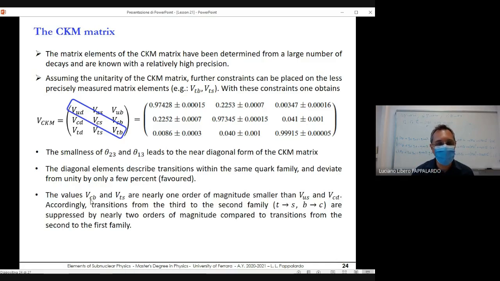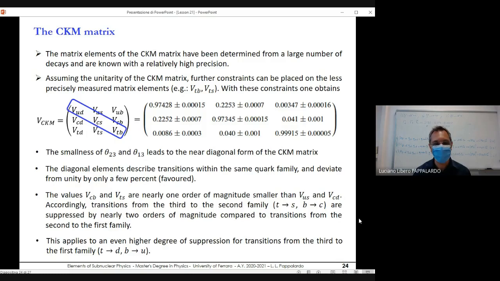Now, the values VCB and VTS, which allow for transition between the third and the second family, okay, these are nearly 1 order of magnitude smaller than the transition between the second and the first family. So the transitions from the third to the second family, so top into strange and bottom into charm, are suppressed by nearly 2 orders of magnitude compared to transitions from the second to the first family.